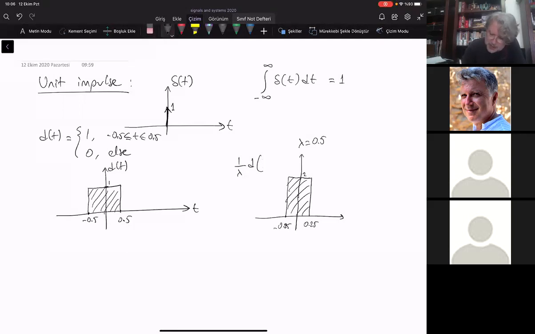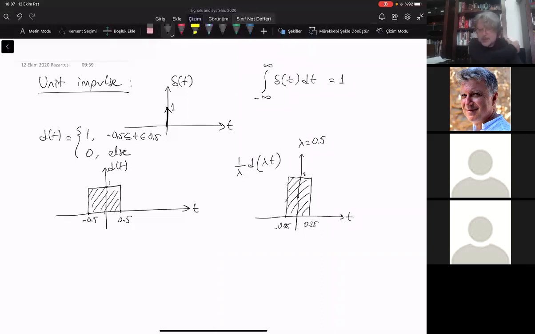Probably I did not change anything. I just reverted all the operations. Lambda times t. I'm not very comfortable with dividing the t operation, because when I'm dividing with something large, it's actually corresponding to multiplying with something smaller, but nevertheless, I want to do it this way. Okay, now with lambda equal to 0.5, probably this was already what I previously wrote.